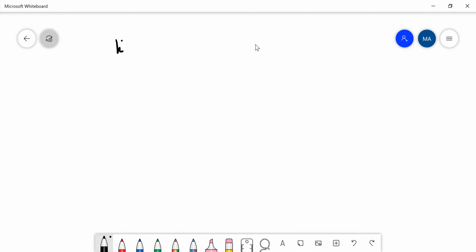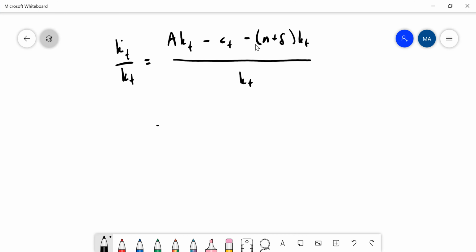So if you want to write K dot T divided by K T, what do you have? Well, here you have A K T minus C T minus N plus delta K T, so you have A minus N plus delta minus C T over K T. Now, realize one thing.